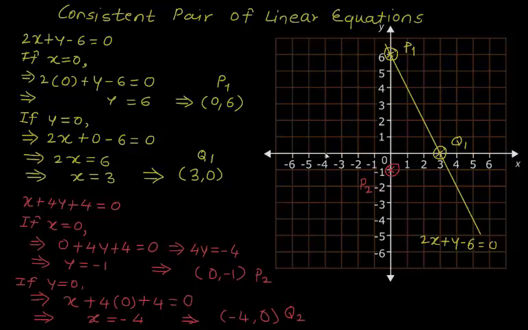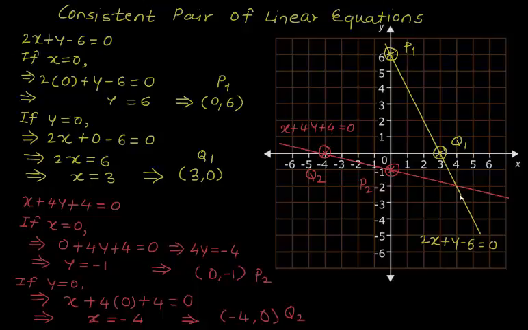So its y coordinate is 0, hence it will lie on the negative x-axis. So let's name it as Q2. Now let's draw a line passing through P2 and Q2. So this line represents the linear equation x plus 4y plus 4 is equal to 0.